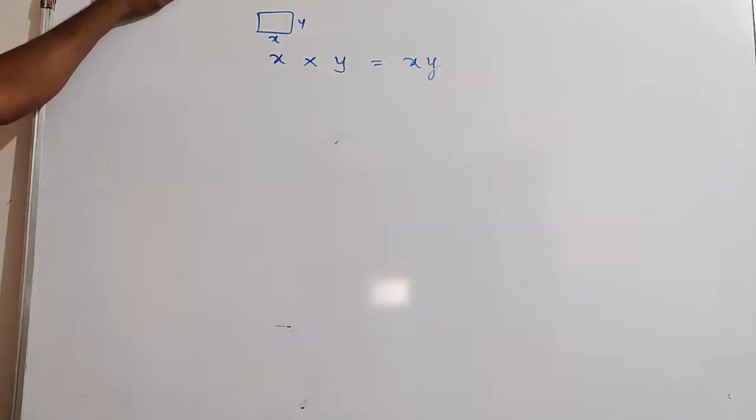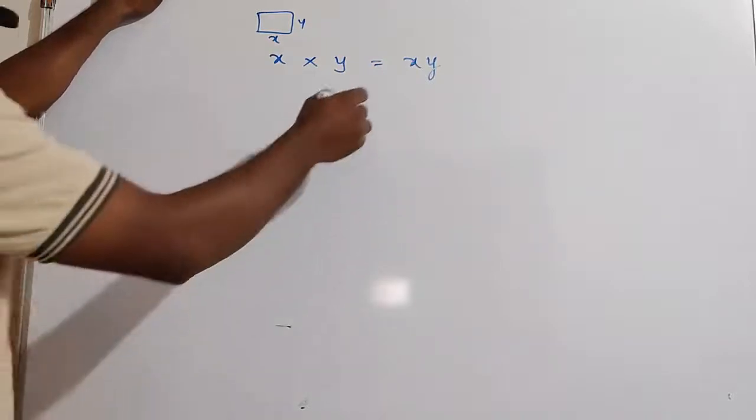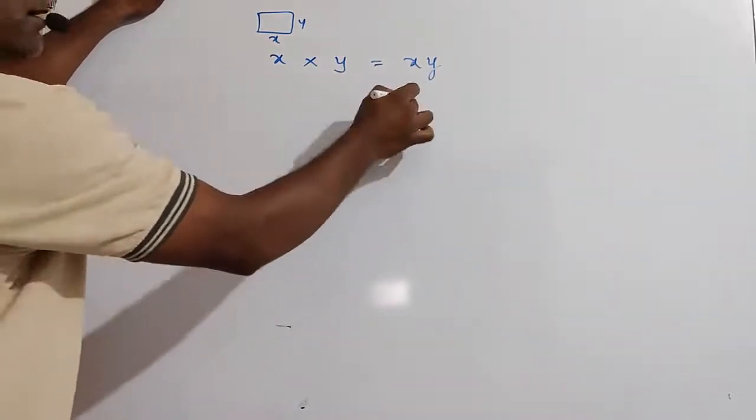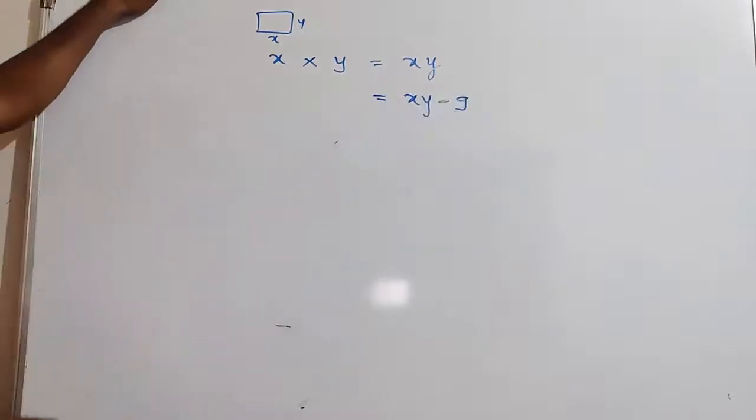What is told here? The area of the rectangle gets reduced by 9 square units, means the value of xy is reduced by 9.